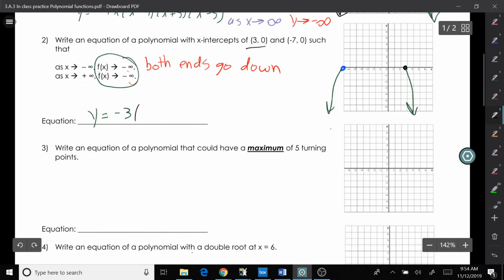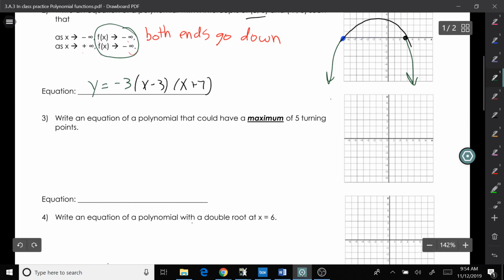And we have our zeros, x minus 3, x plus 7. So our graph can just look like that, which is a parabola, and you can see that this is a quadratic function over here. Oops.